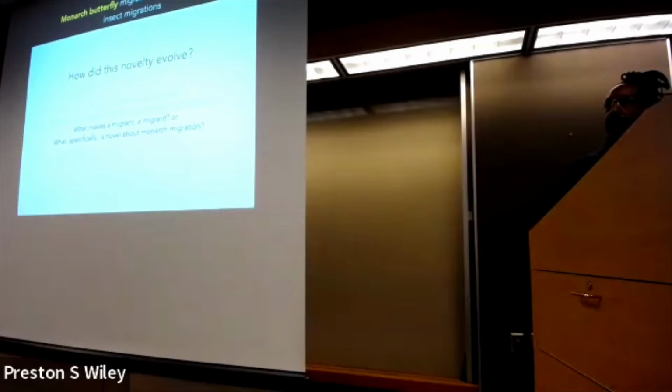How are there rapid evolutionary phenotypic transitions? In the last few slides, I'll talk a bit more about those rapid transitions. But I'm going to focus in this talk on thinking about what exactly makes a migrant, or what actually is novel about monarch migration.